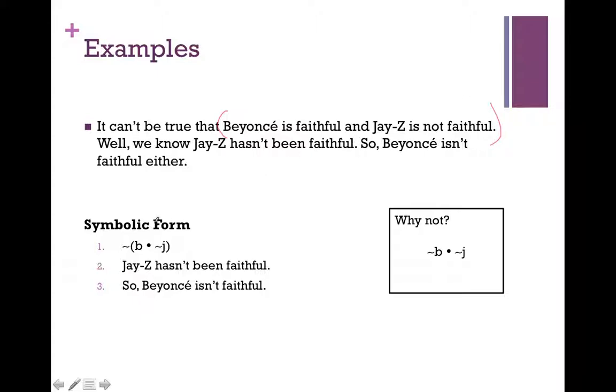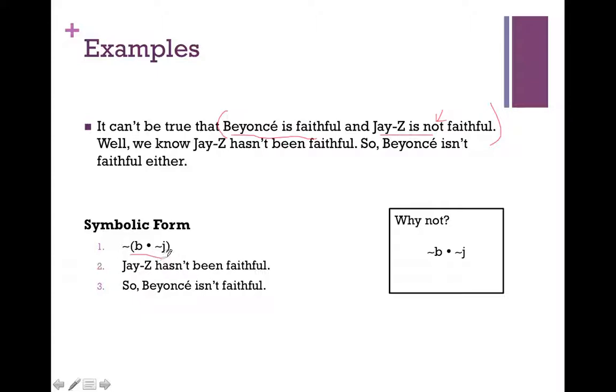And I should say, I'm using B to refer to Beyonce is faithful. I'm using J to mean Jay-Z is faithful, and I put the not in front of it to indicate that he's not faithful. So B is Beyonce is faithful, J is Jay-Z is faithful, not J means he's not faithful.